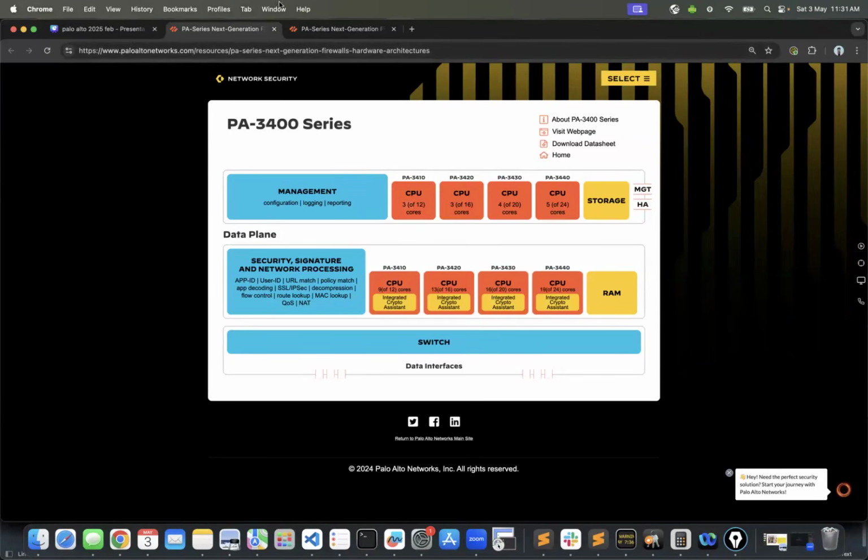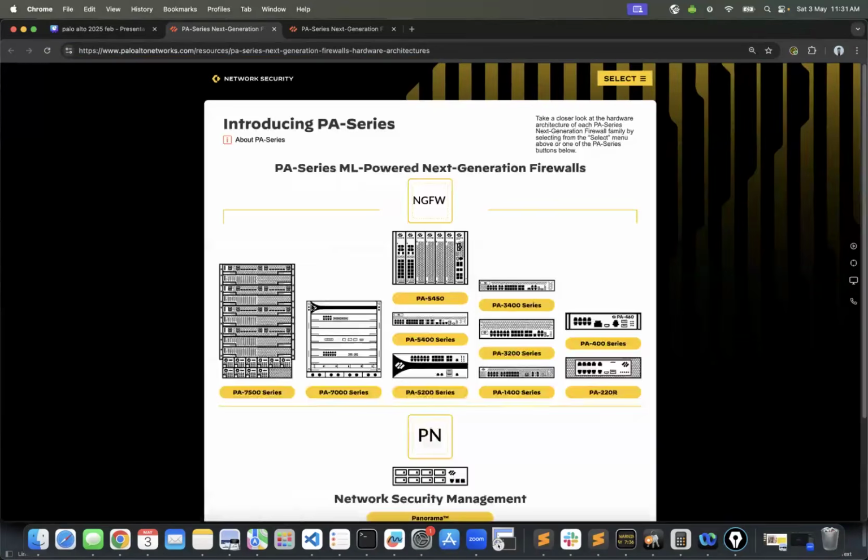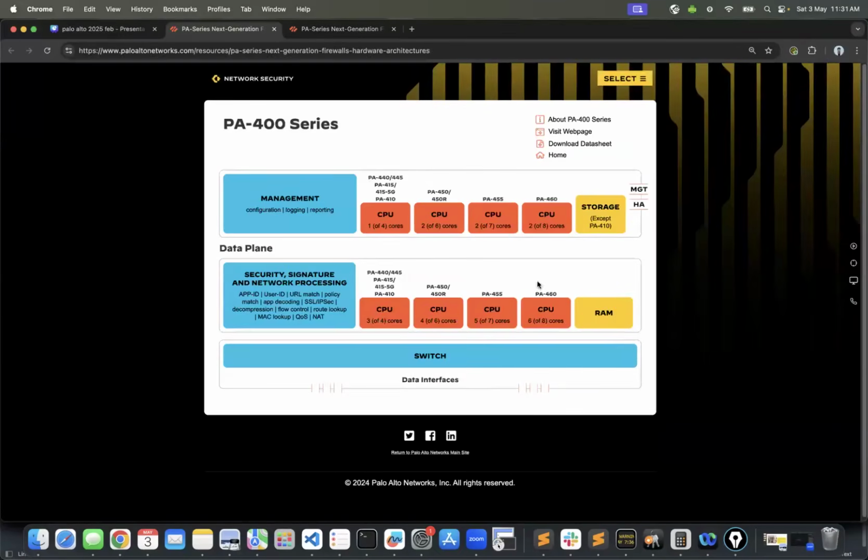3400 compared to this 400 series firewall.